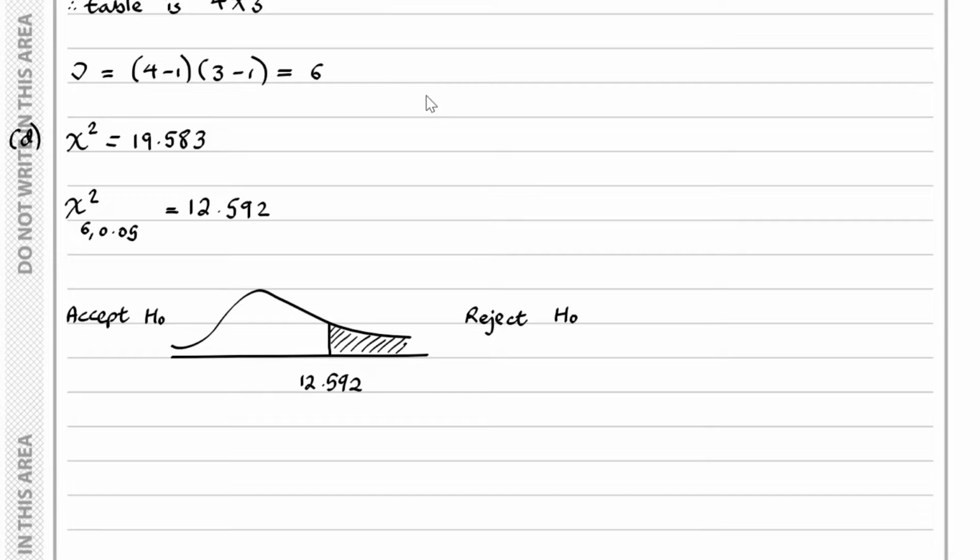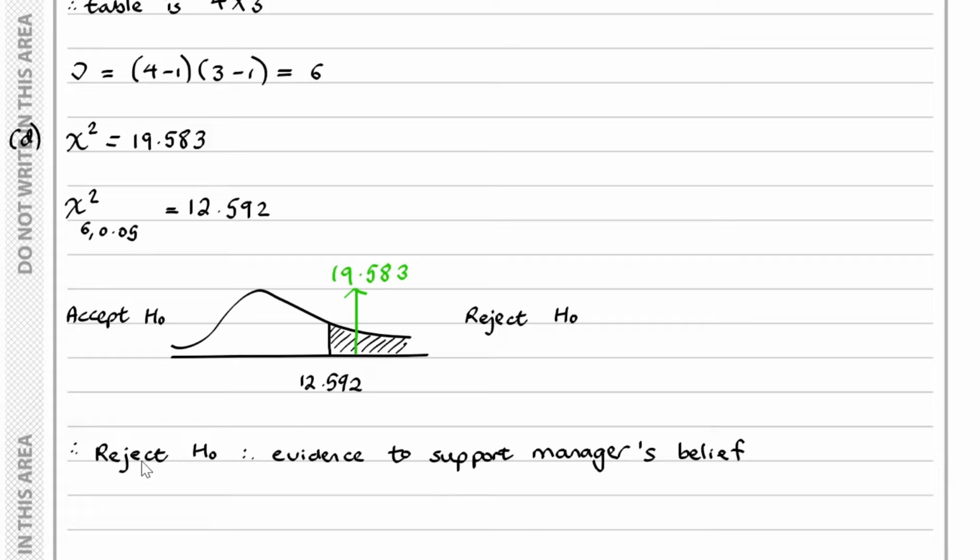And we've just found the value to be 19.583. We were told that in the question. So what we have over here then is the 19.583. So we're in the region where we reject H0. So we have the following conclusion to make. So we reject H0 clearly, and therefore there's evidence to support the manager's belief.